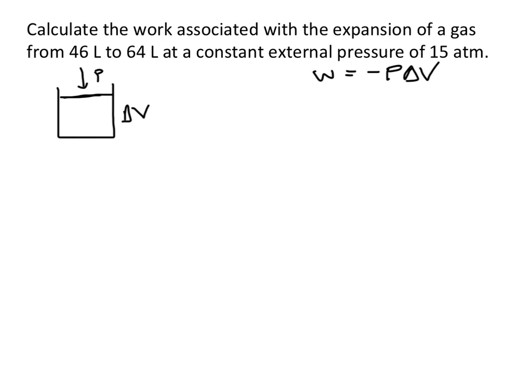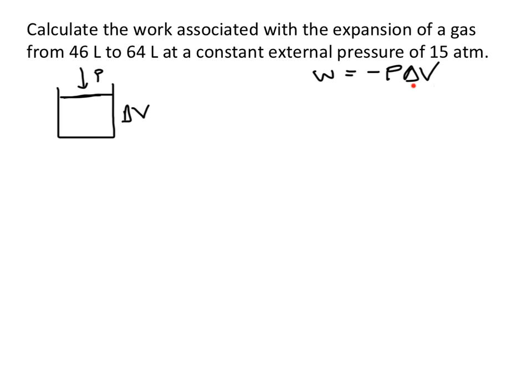So this pressure volume work type calculation is going to utilize this equation. Work is equal to negative P times delta V. Delta V represents the change in volume that's occurring within a piston or some similar apparatus, and P represents the external pressure that's being applied to the system.